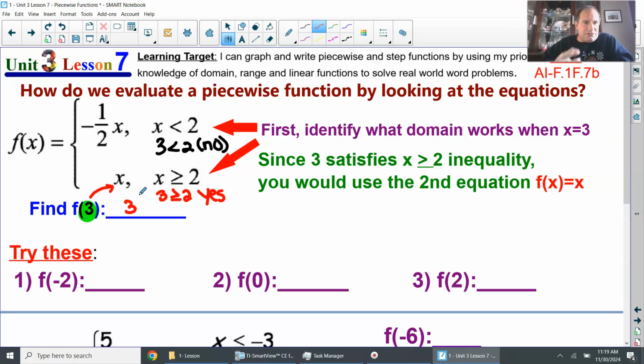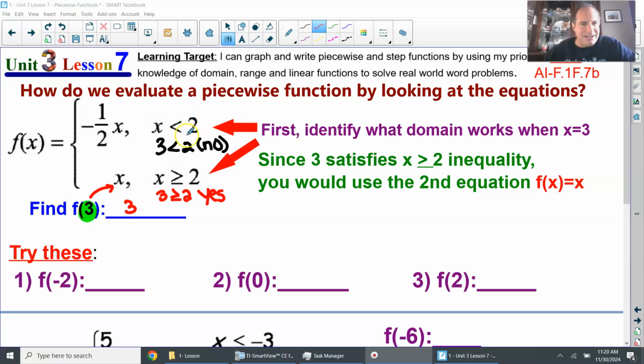All right, and so let's go ahead and see if we could do this. f of negative 2. Which of these domains does x equals negative 2 satisfy? Well, we have f of negative 2, so we're just going to look at the domain x is less than 2.